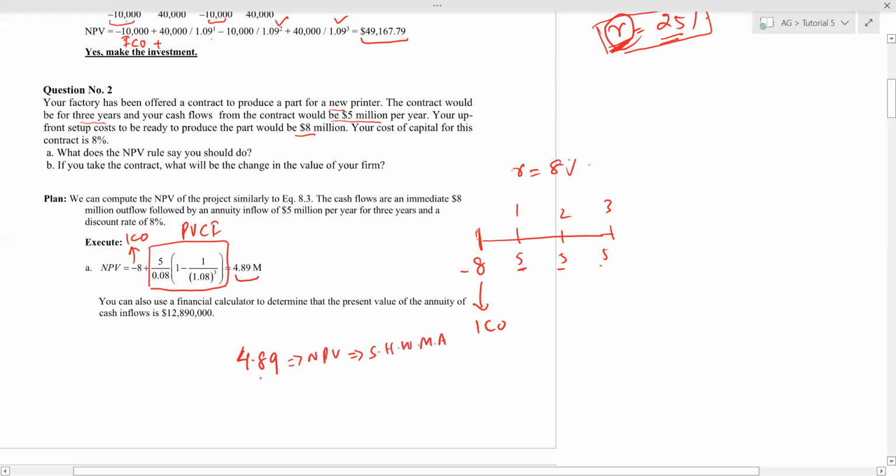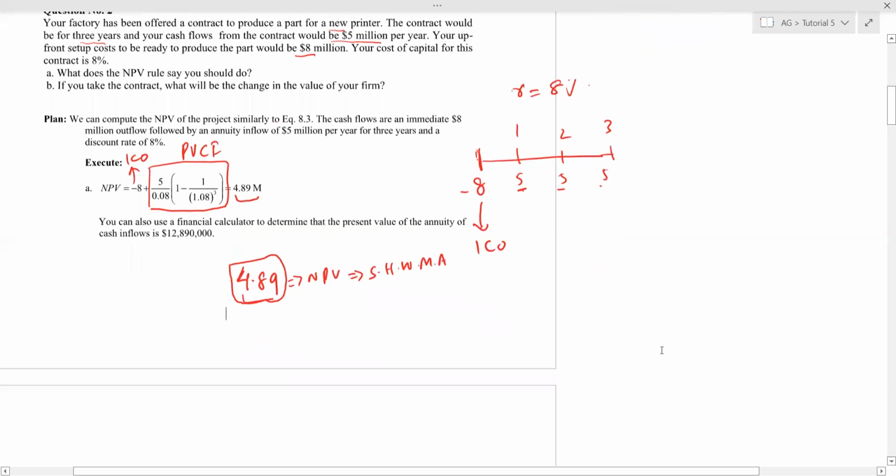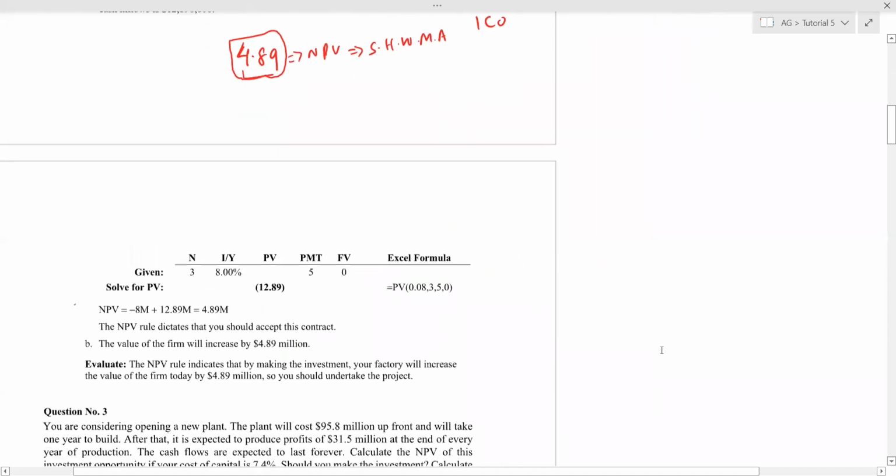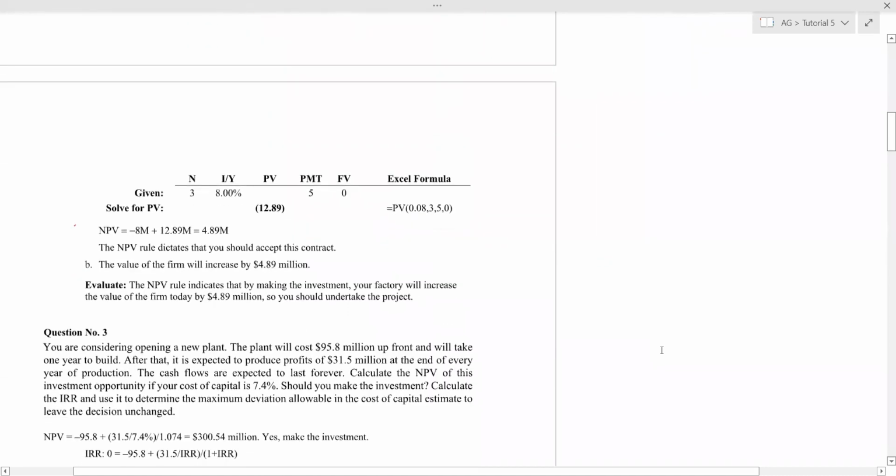So this project is going to earn 4.89, and whatever the earning is will be the earning of the company, and the earning of the company actually increases the value of the firm. So the value of the firm will increase by 4.89 million, the same amount as the NPV.